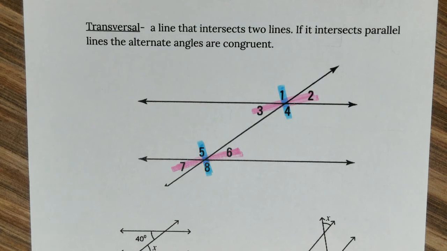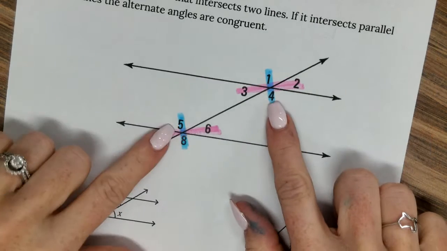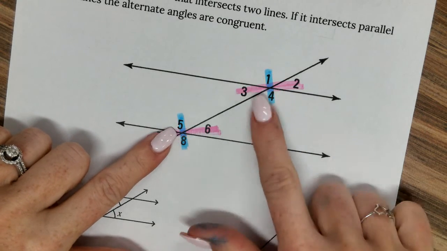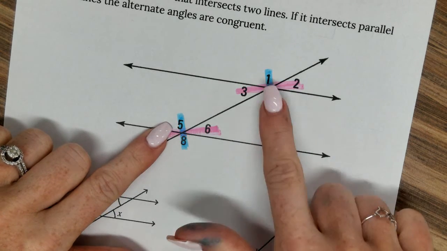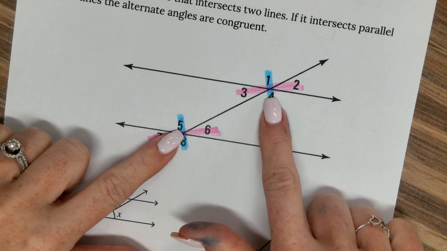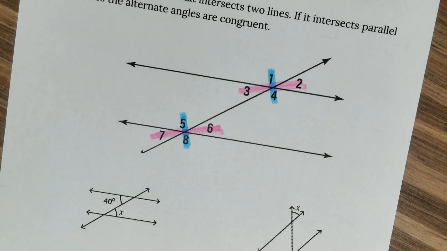And when you highlight, the highlighted angles should be parallel to each other. Look at the blue highlighter I did. Do you see how it's parallel to 5? That means angles 1, 4, 5, and 8 are all the same. 2, 3, 6, and 7 are all the same.